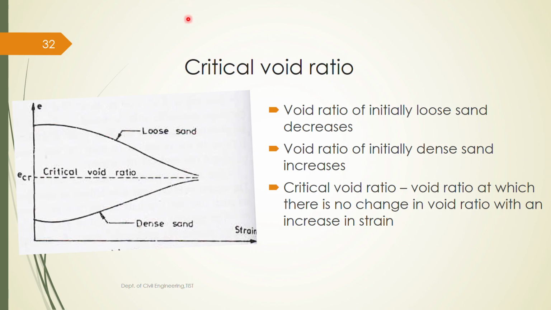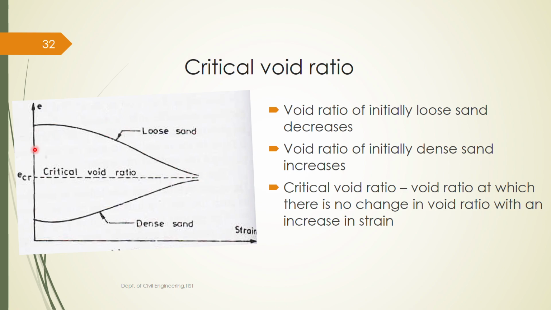Now there is something known as critical void ratio. If you are plotting strain with void ratio, then we find that for a loose sand, the void ratio will be decreasing with increase in strain. If we are conducting the test on dense sand, then the void ratio will be increasing like this.